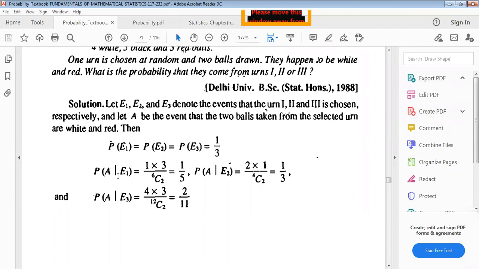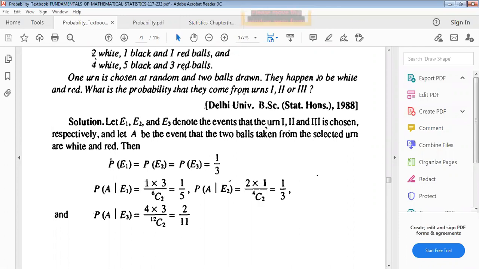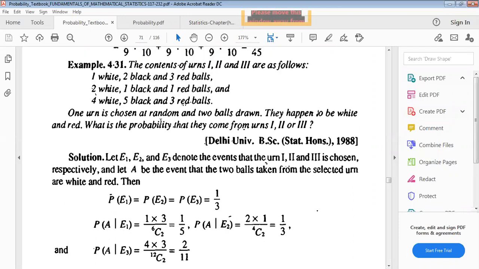Now probability of A when it comes from the first urn, that is P(A by E1), equals 1 into 3 over 6C2. In the first urn, how many balls are there? 3 red balls, right? In the first urn, 3 red balls and 1 white ball.